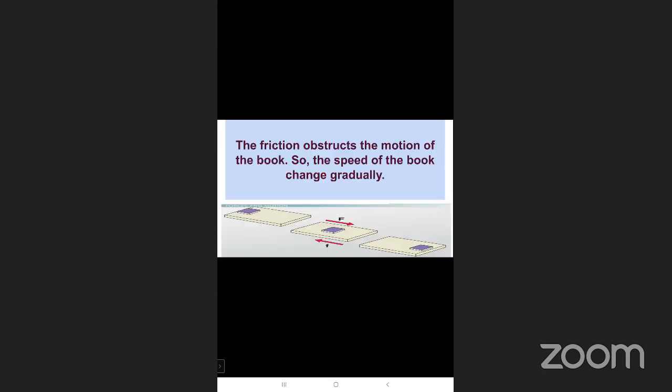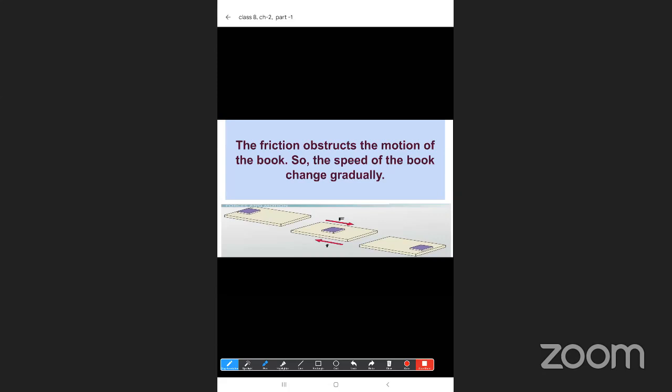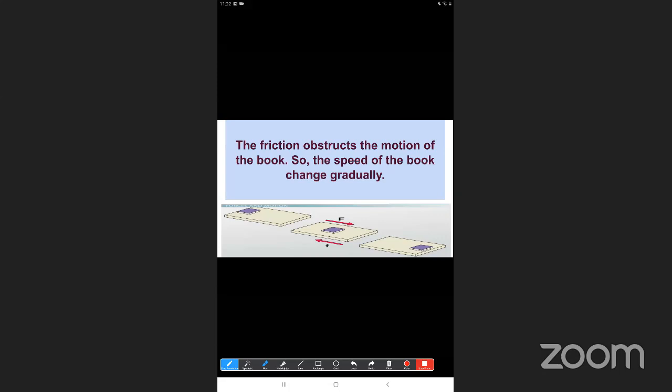When the book is pushed, the speed of the book continuously changes. Finally, it stops at some point. I'm asking why the speed of the book changes gradually.